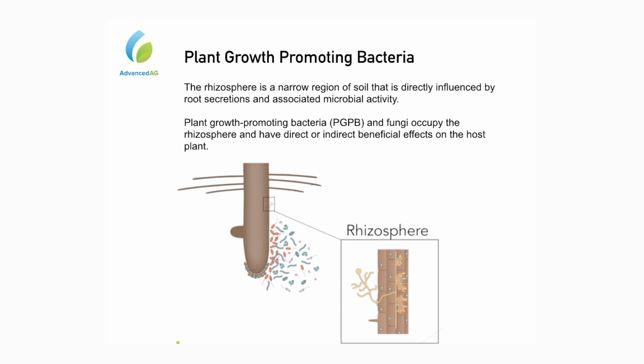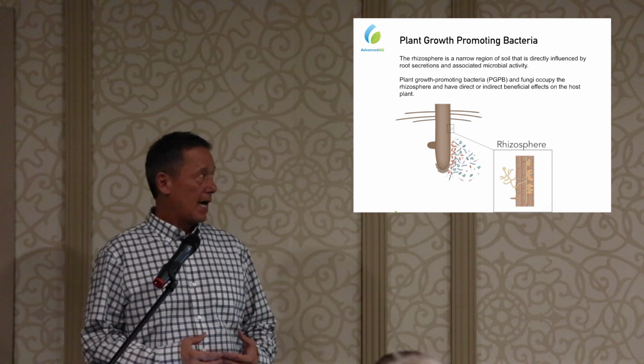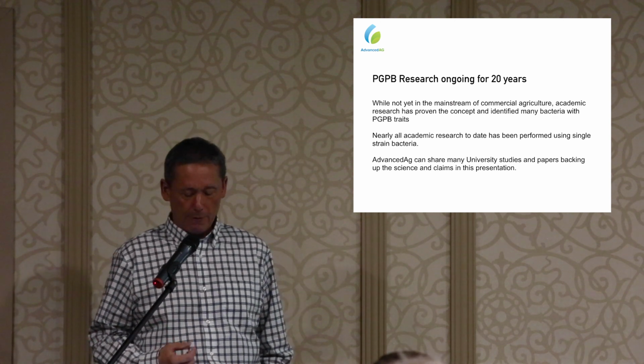We all know and have heard the term, and it's really important to have it right, but we're not sure what that means. So all kinds of researchers have been looking at plant growth promoting bacteria or plant growth promoting fungi. And as we go on, I'm just going to focus on plant growth promotion. But it's been going on for a couple of decades now.